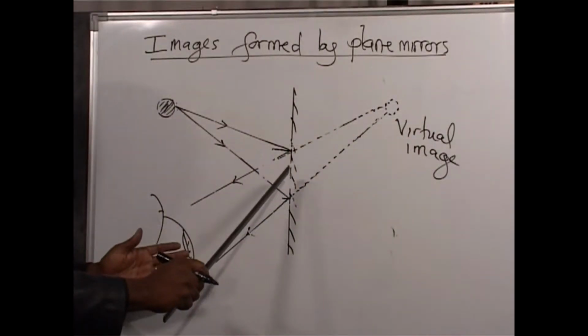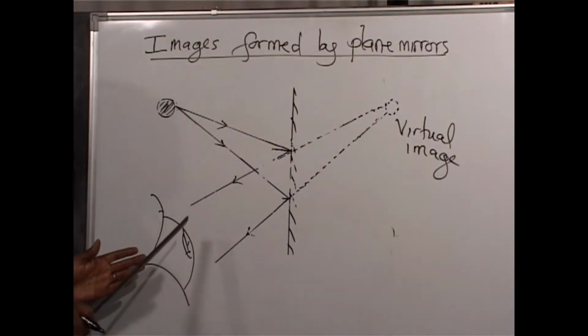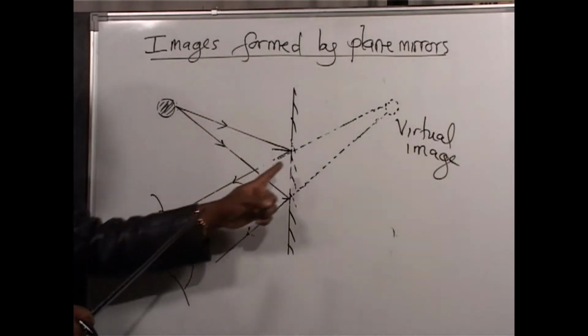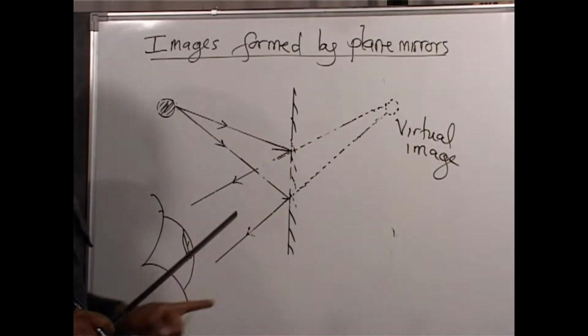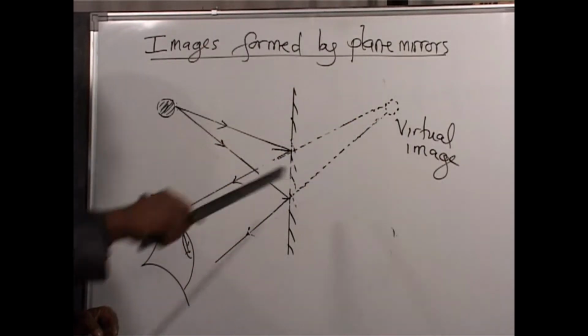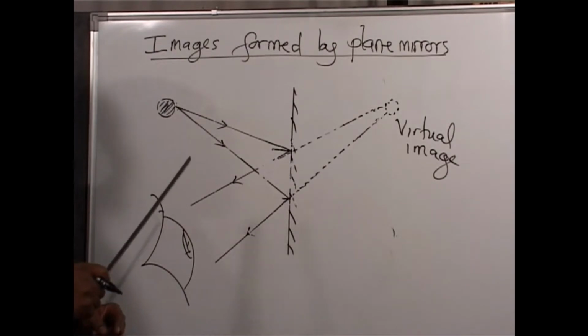So this is what happens when we see objects in a shiny surface. The rays will bounce into our eyes, and then our mind will interpret that there's something behind or inside that reflecting surface. Now let's look at the characteristics or properties of images that are formed by plane mirrors. When I say a plane mirror, I mean a flat mirror.